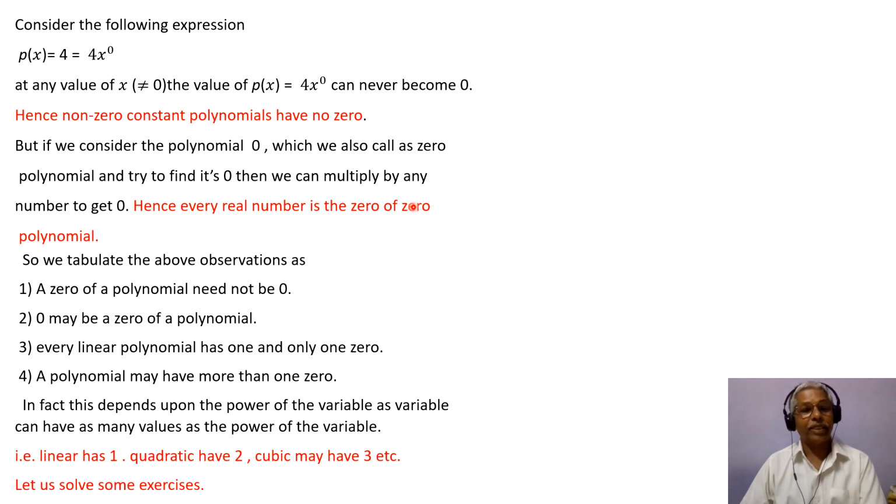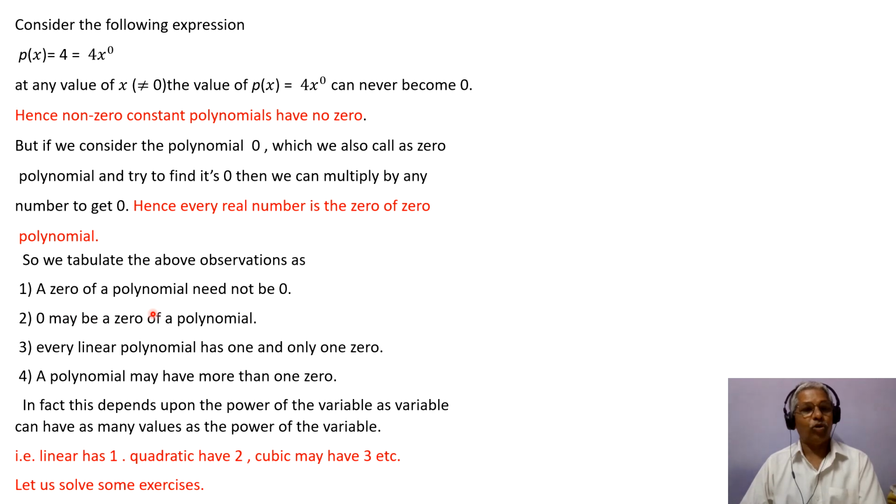Try to understand this. Still, if you face any problem, try to contact me or put it in the comment section, and I will explain this again. So from this we tabulate the observations. 1.